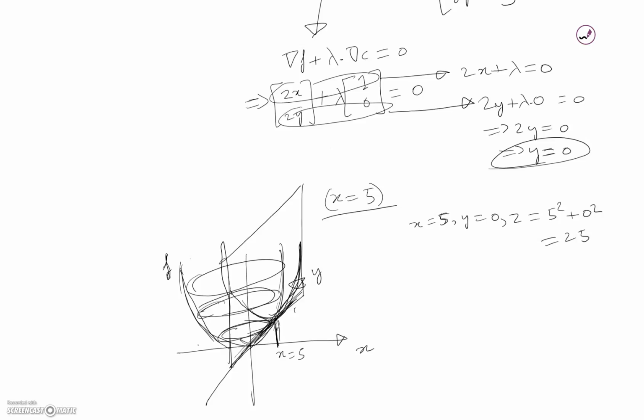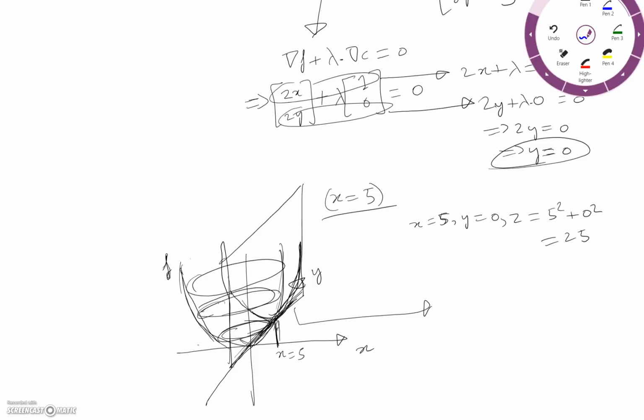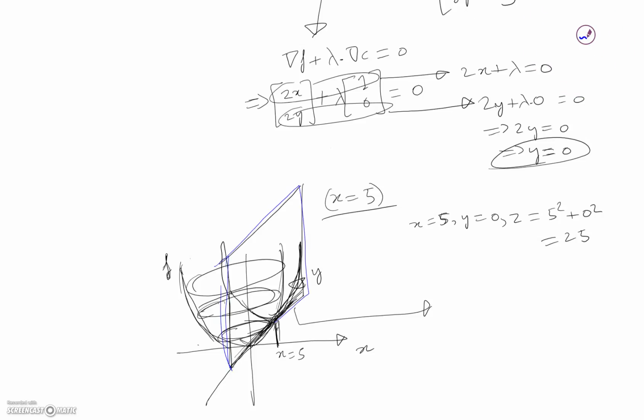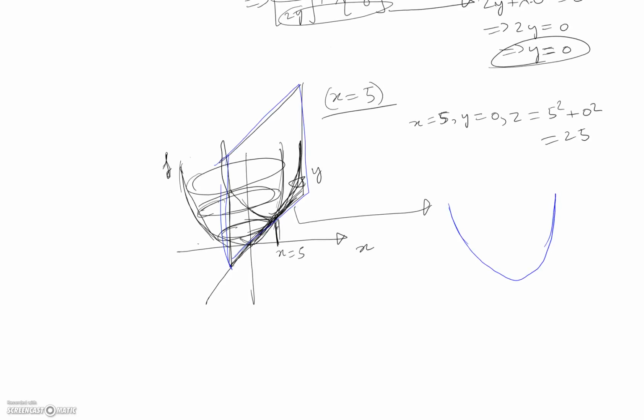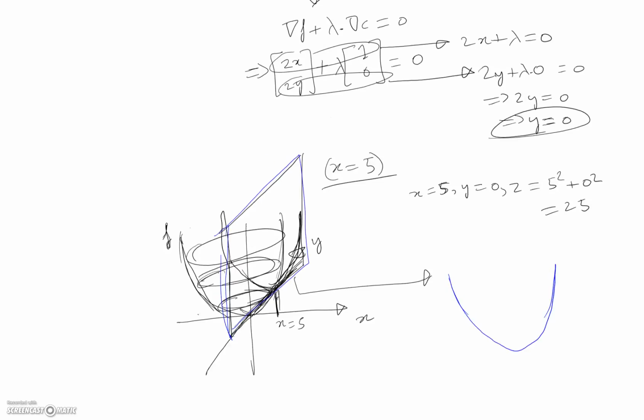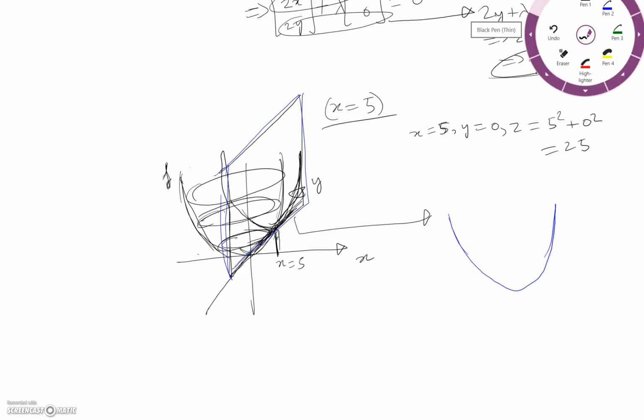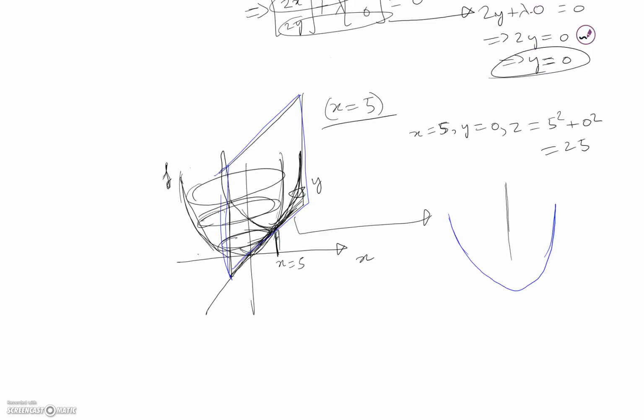So now let's look at this parabola in more detail. I'll draw it in a different color. So let's look at this plane x equals 5, and let's draw the z-axis somewhere behind it, maybe here.